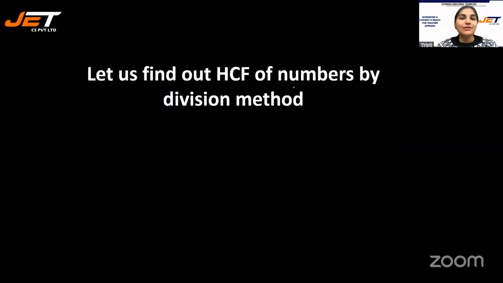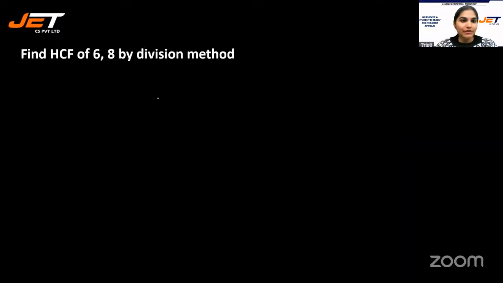Now let's find out the HCF of numbers by division method. How do we find HCF? Let's see. 6, 8. Take the bigger number as the dividend and smaller as the divisor. Let's divide it normally. 6 times 1 is 6.